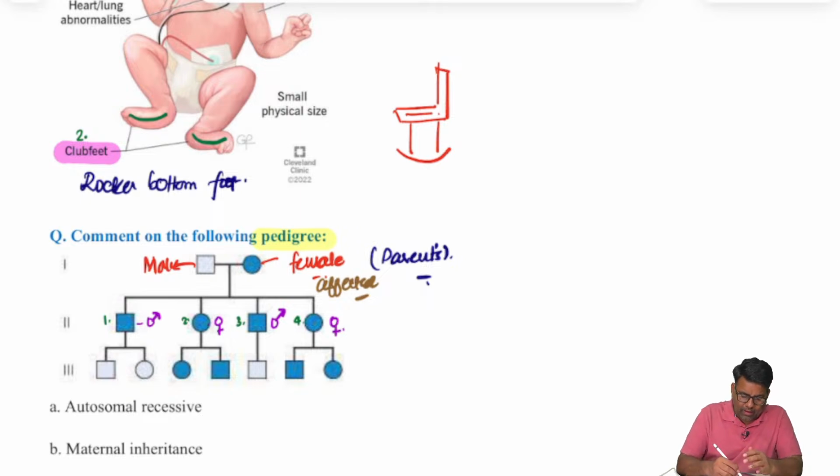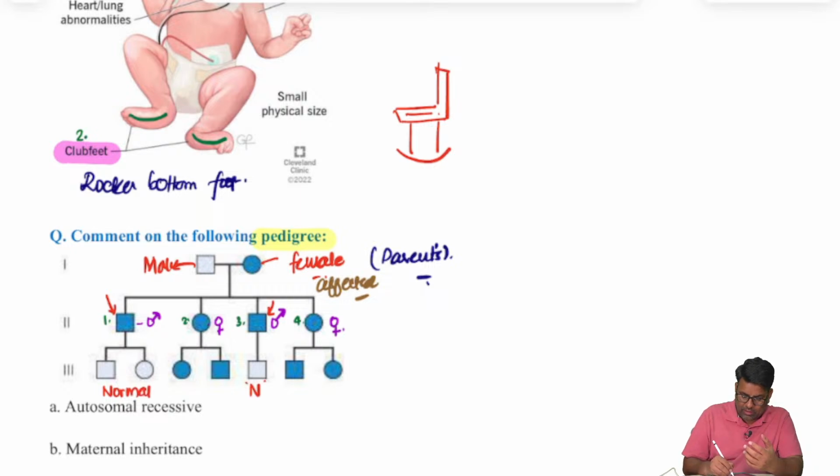Now these children get married, and the offspring which came out of the affected males are normal here.